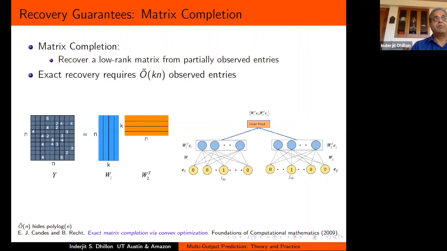By just observing basically order k elements per row, you are still able to recover this matrix completely. Note that the full matrix would have order n squared entries.